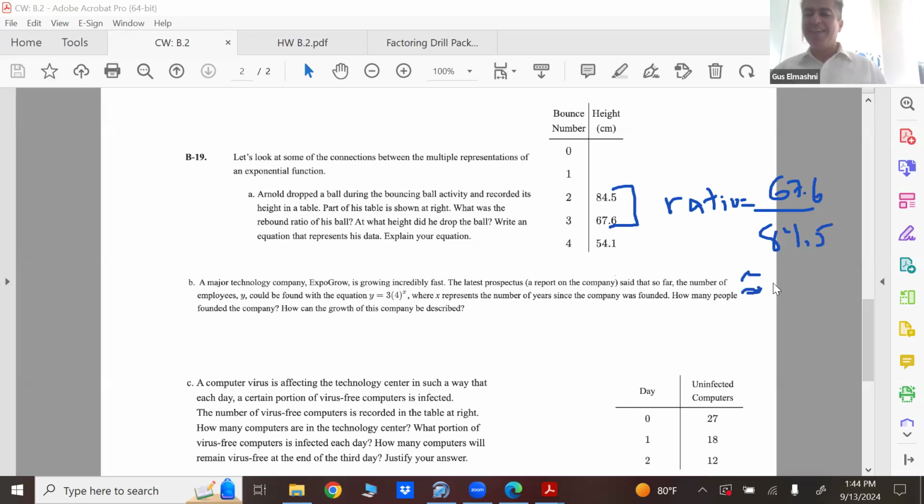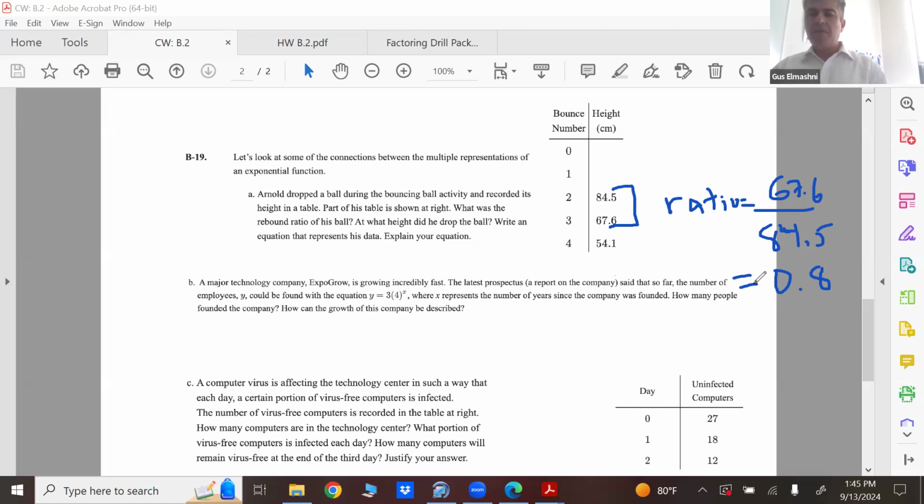All right, okay. So 67.6 over 84.5. Again, I did this with the last class, I already know what it is. The answer is 0.8. It's actually exactly 0.8. What if I do it again?